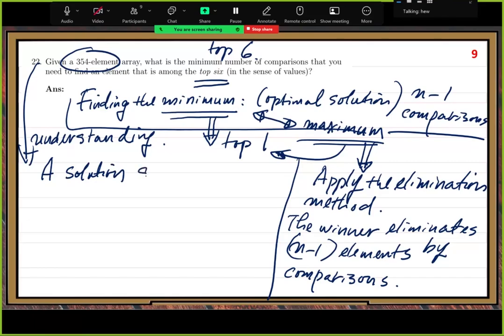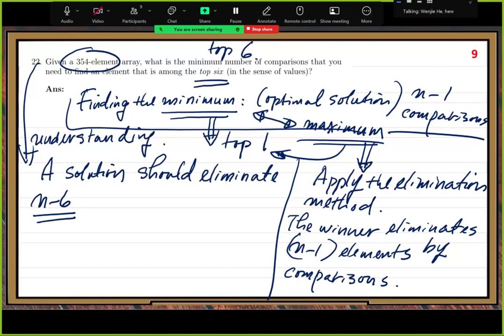should eliminate n minus 6, right? N minus 6, yeah, because if that particular element, the solution element, is larger than n minus 6, then it must be in the top 6, right?